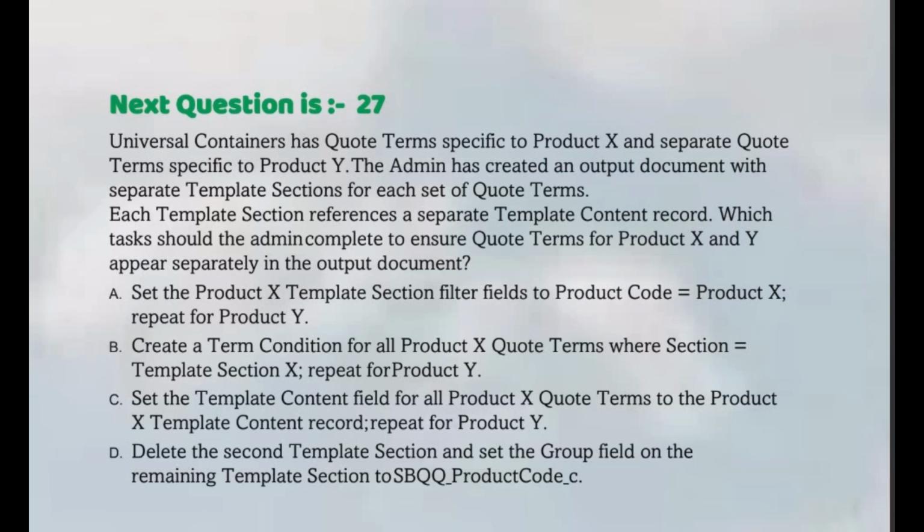Repeat for product Y. Option D. Delete the second template section and set the group field on the remaining template section to SBQQ underscore product code underscore C.